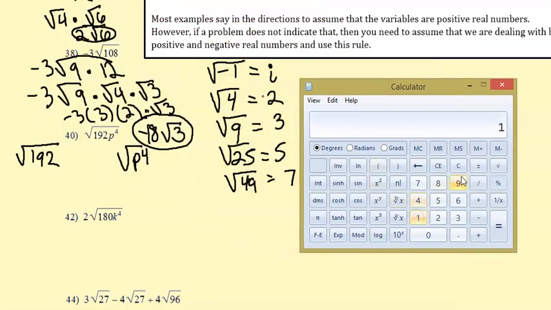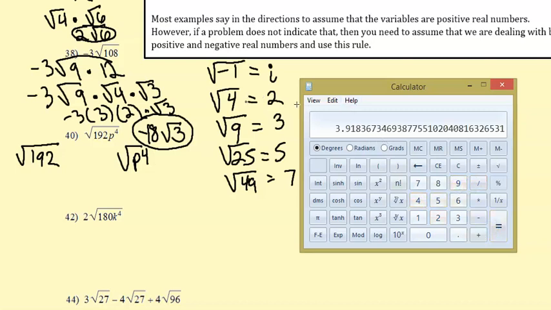So 192 divided by 4. Okay, that works. It's 48. How about 192 divided by 9? That doesn't work because there's a decimal there. How about 192 divided by 25? Decimal, so we're going to skip that and try the last one. 192 divided by 49.